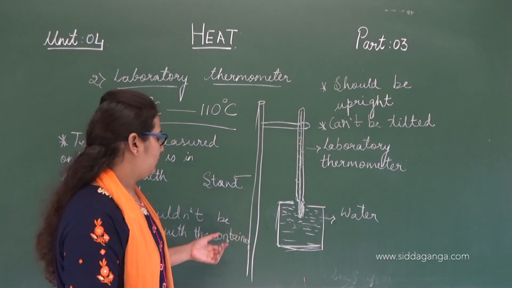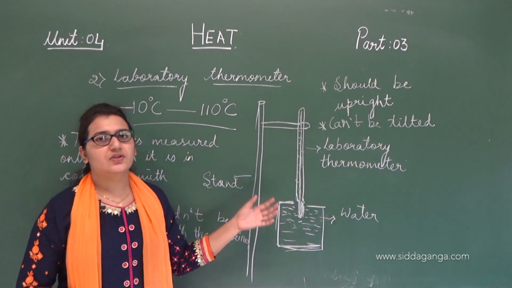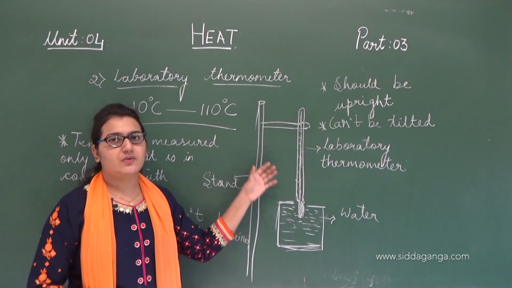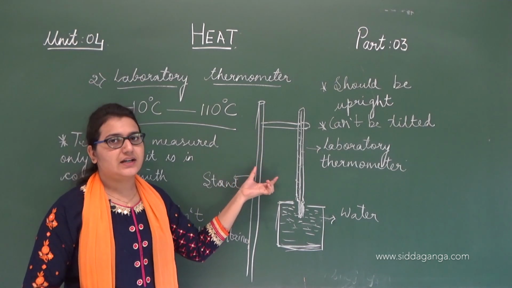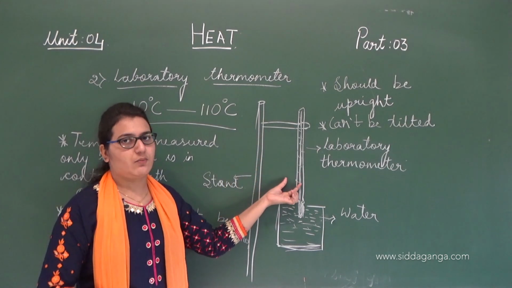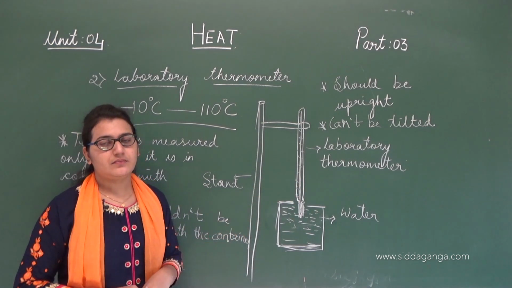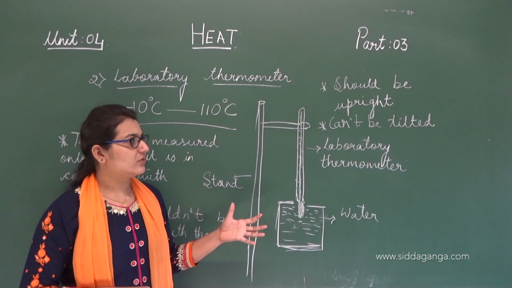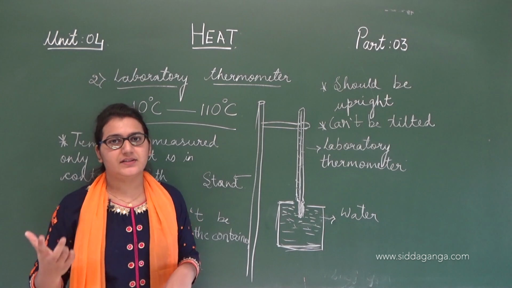And one more thing, it should be upright, kept straight by holding with our hand or by a fixed stand. This thermometer should not be tilted. This is about the construction of this thermometer, and again the reading remains the same.